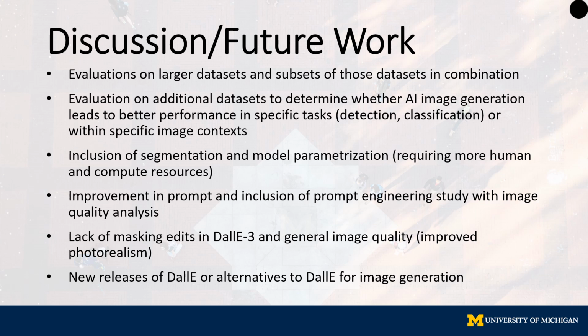Also, the inclusion of segmentation model parameterization, given more human resources for labeling and compute resources for parameterization. There was no major effort here other than holding parameters constant across a classification and detection model. Those were held the same, and then the training began.